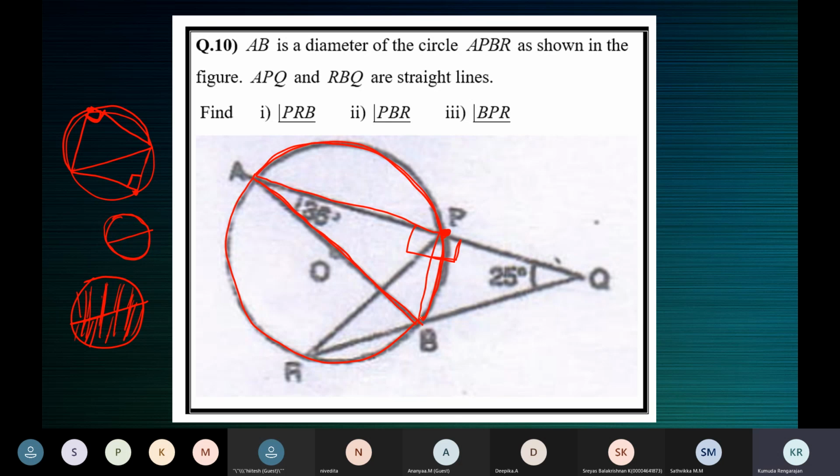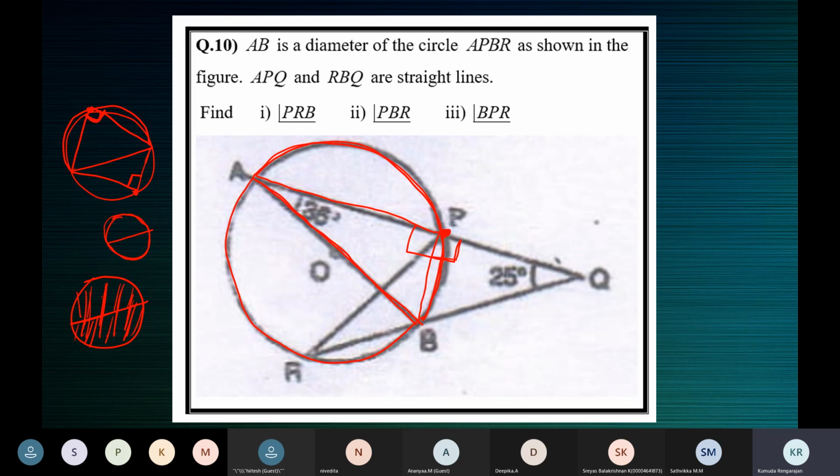So angle APB is equal to 90 degrees. Angle in a semicircle is a right angle. Therefore, angle BPQ is 90 degrees, linear pair.